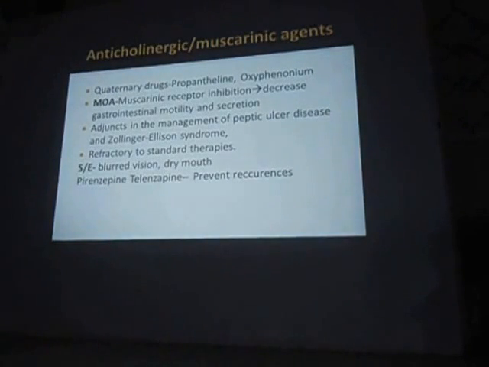Pirenzepine acts more on the M1 receptors. They are used in refractory cases. So we already know how this action takes place. Once the receptors are blocked, there is a decrease in the production of histamine, because of blocking of the ECL cells, and also a decrease in gastrin action.